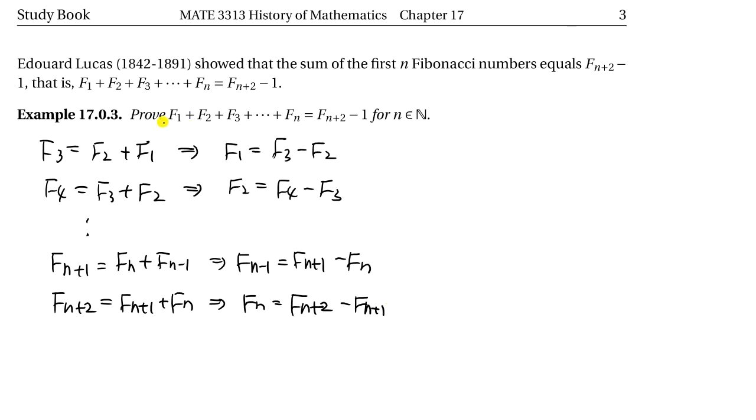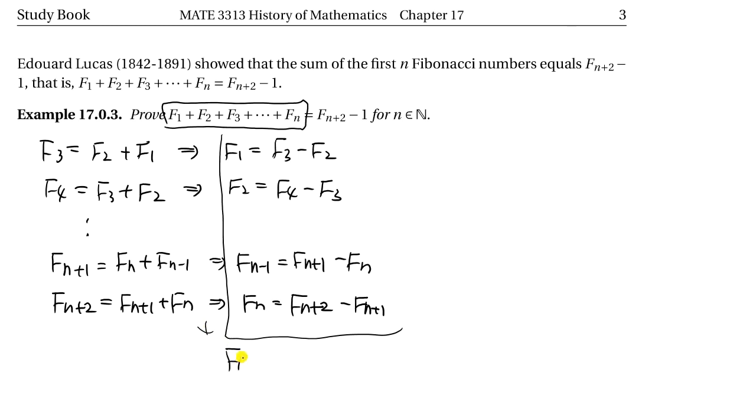And we are looking for the sum of F1 through Fn, so let's just add these. The left hand side becomes F1 plus F2 plus up to Fn. And on the right hand side, F3 cancels out with F3 and F4 with F4.